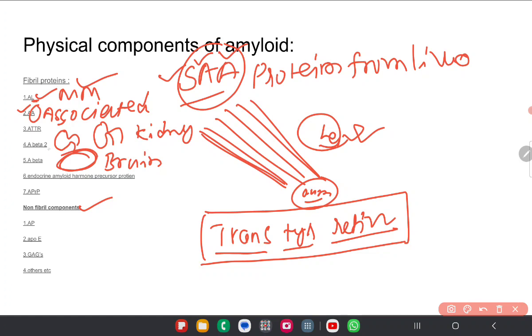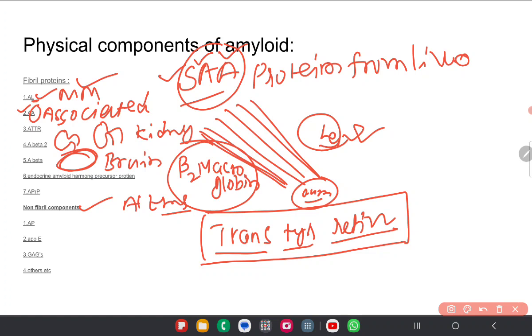Here A beta 2 is beta 2 microglobulin, which accumulates in hemodialysis patients. Every protein can be passed out, but not beta 2 microglobulin. This accumulation leads to amyloidosis. A beta is another form of beta protein seen in Alzheimer's disease.